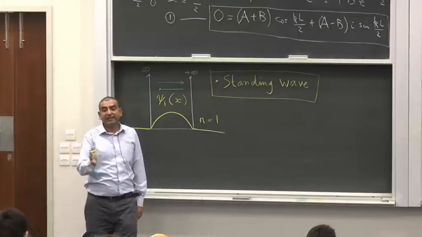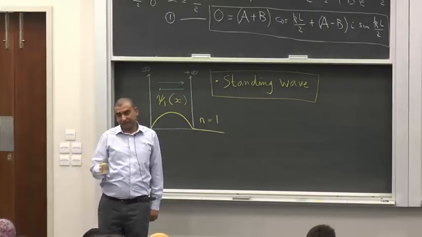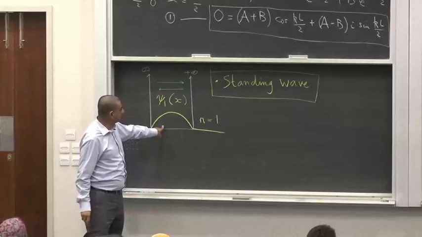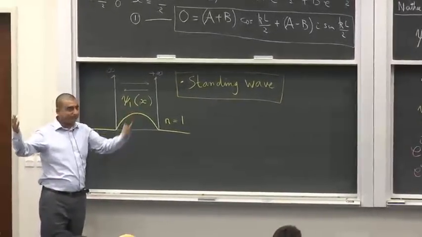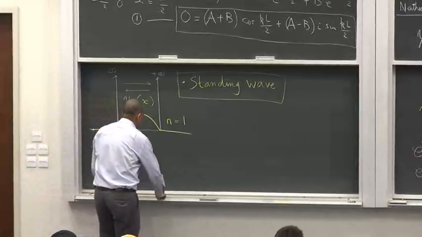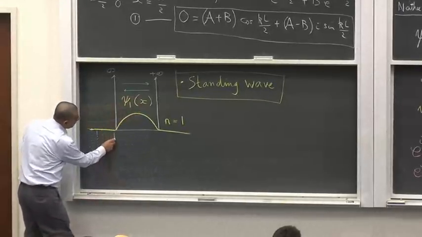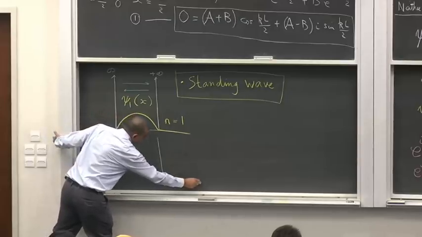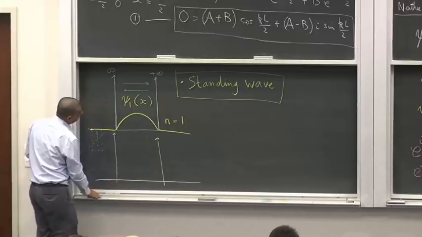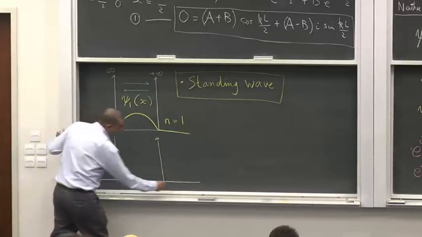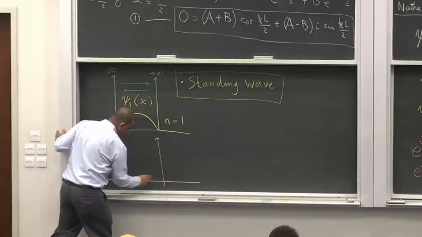So I would like to find out the probability density. How does the probability density change with space? I just take this wave function and take the modulus square of it. So now if I plot the modulus square of this wave function, let me use a different colored chalk for this. Here the modulus square is 0.